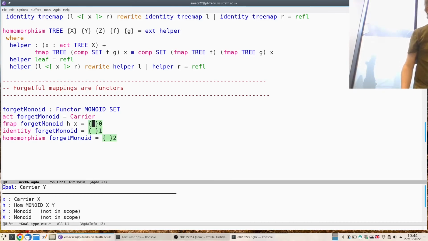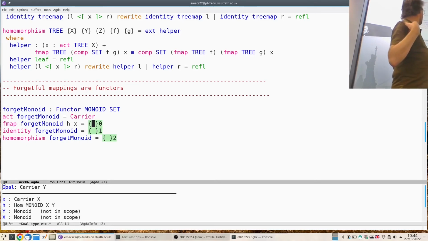What's going to happen? I need to produce an element of the underlying carrier of Y. And, well, what was a monoid homomorphism? It was a function from the carrier of the source monoid to the carrier of the target monoid that moreover respected all the structure we're forgetting.